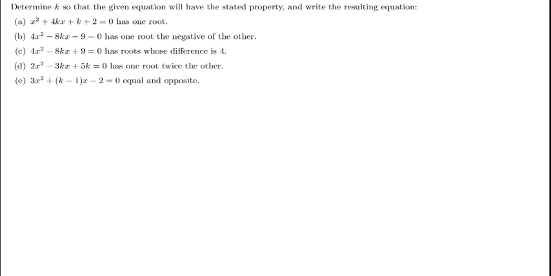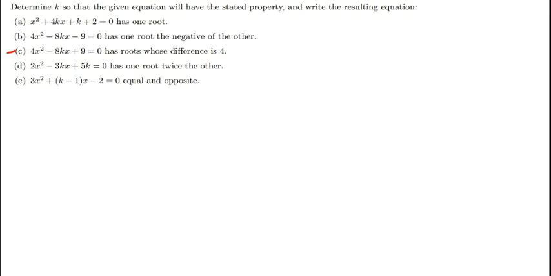So you said C, so I should leave C, we should solve A. A is not difficult, because question A is saying x squared plus 4kx plus k plus 2 has one root.